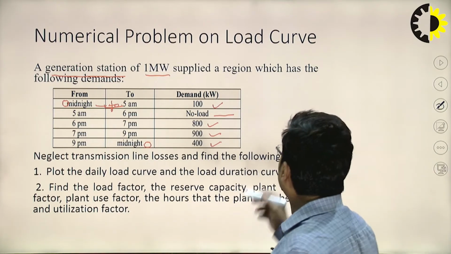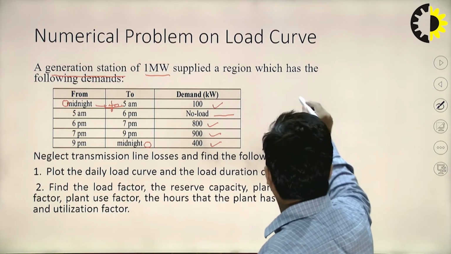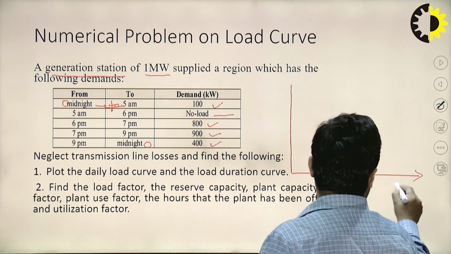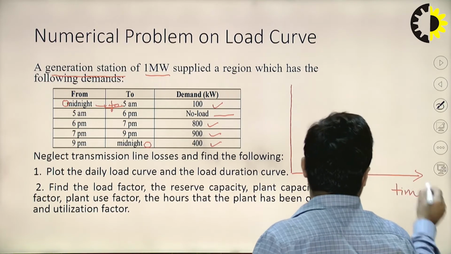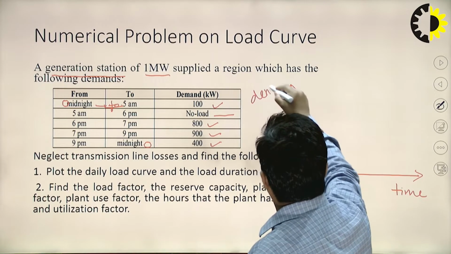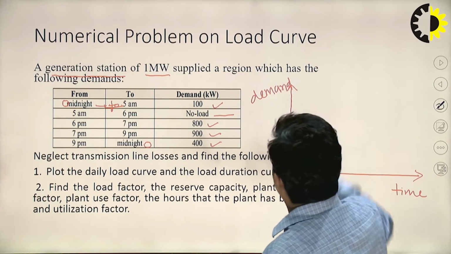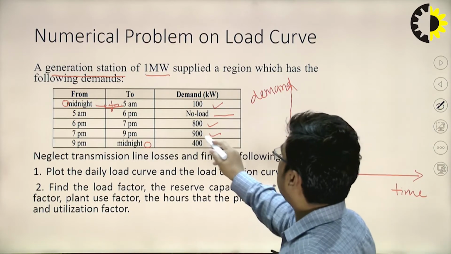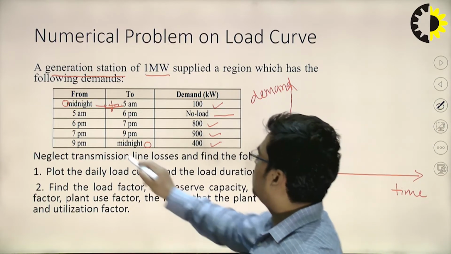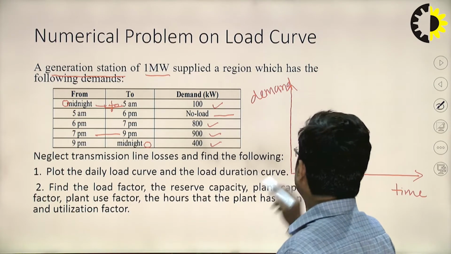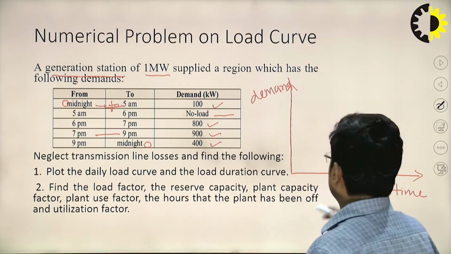If we plot the load curve, this is the time axis and the y-axis is demand. You can see the maximum demand is 900 kilowatt, from 7 pm to 9 pm. First of all we divide the total from midnight.